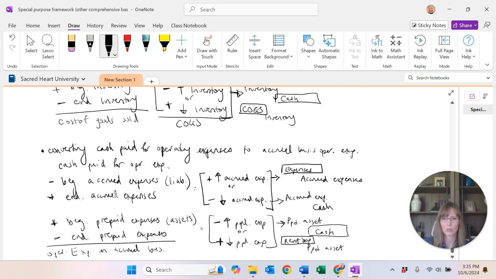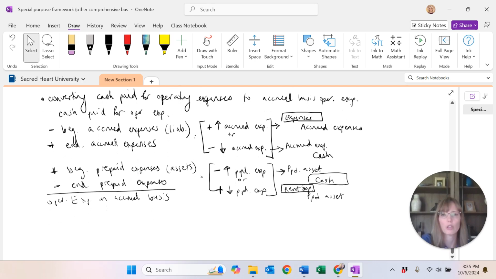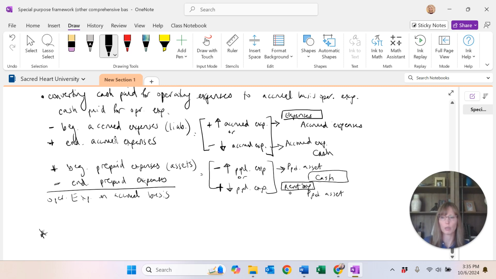Last thing to note, if there was any depreciation or amortization, we would have to adjust for that depreciation or amortization. So if we're starting with cash, there would have been none. If we see depreciation, we need to start with the cash paid for operating expenses, nothing.